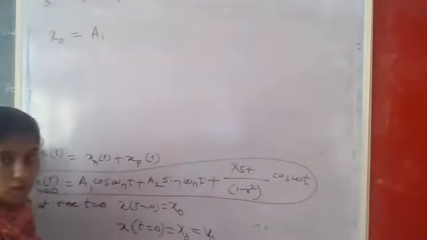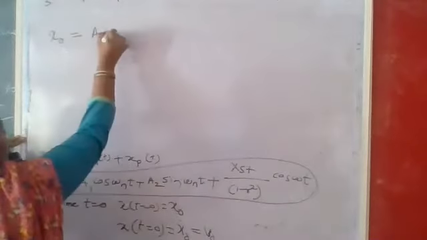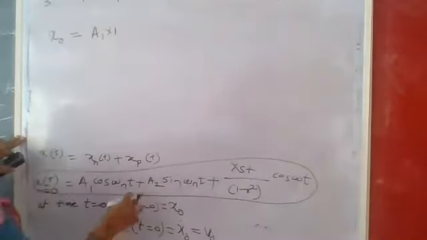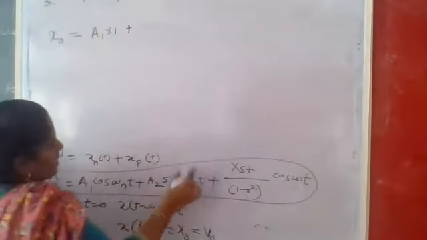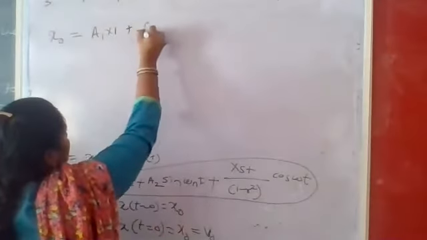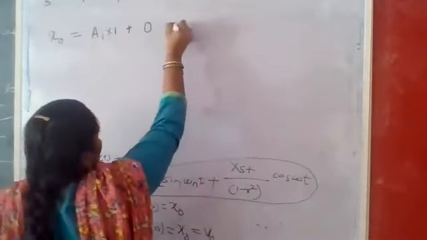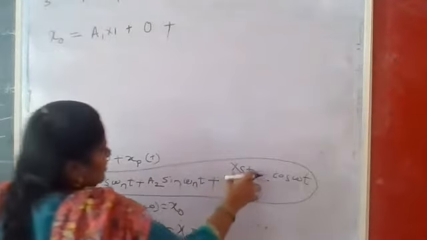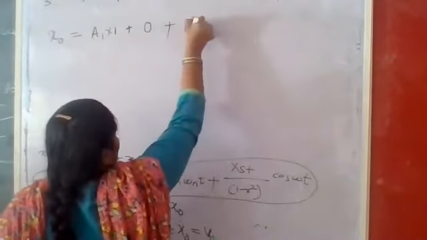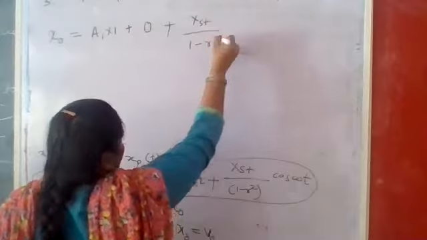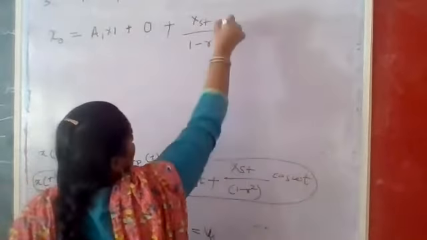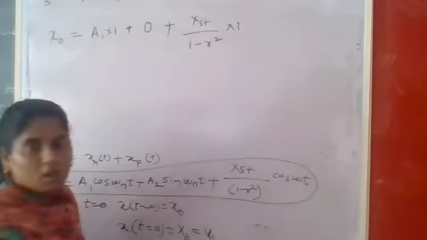Cos 0 is 1, so a1 into 1, plus a2 into sin 0, a2 into sin 0 is 0, plus the remaining term is x st divided by 1 minus r square into cos 0 is 1. All of you understand?